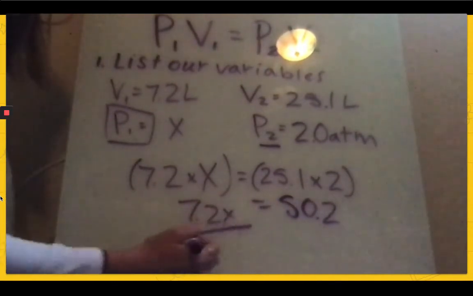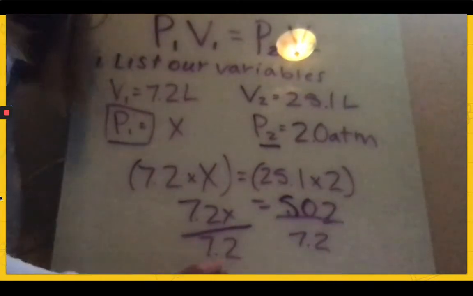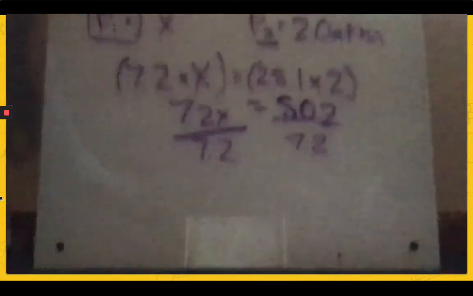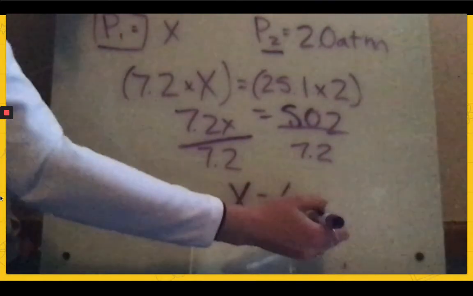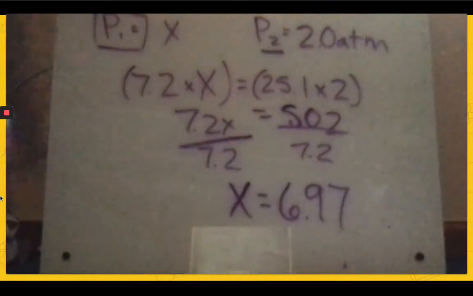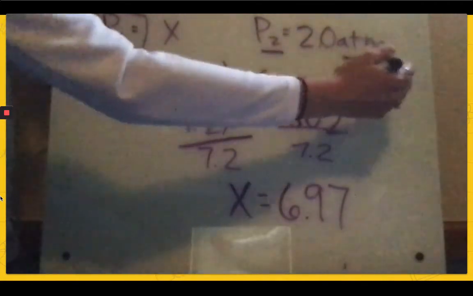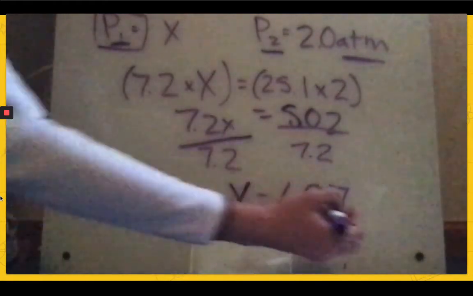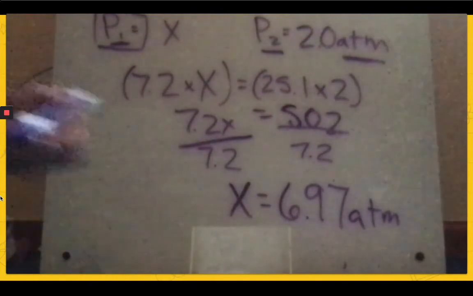We're going to divide by 7.2 on both sides to get a final answer of x equals 6.97. Again, remember we're finding pressure. Our unit for P2 was atm, so our unit for P1 will also be atm, or atmospheric pressure.